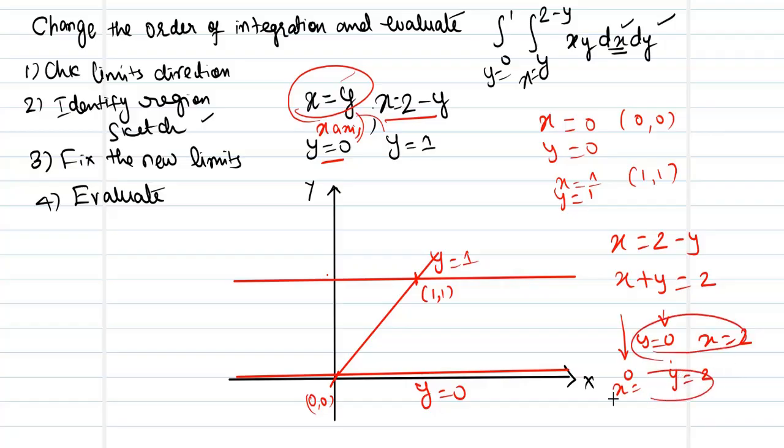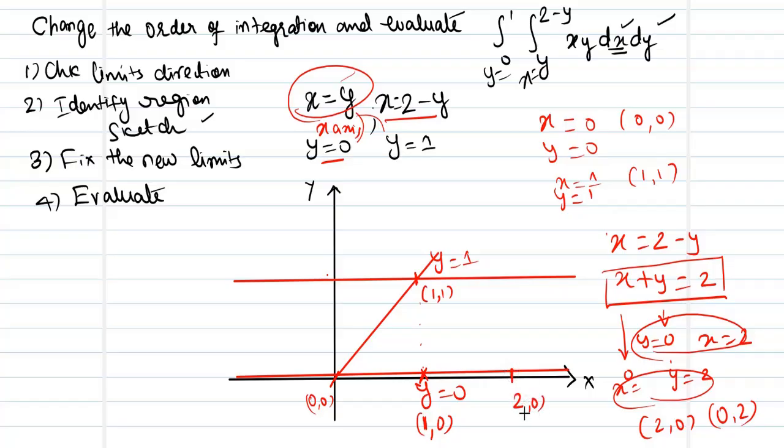So taking these 2 points, 2, 0 and 0, 2, this line x plus y equal to 2 passes through the point 2, 0 and 0, 2. Now when we consider this perpendicular, it will cross the x-axis at the point 1, 0. So at an equal distance, we will try to plot the point 2, 0. So this is the point 2, 0.